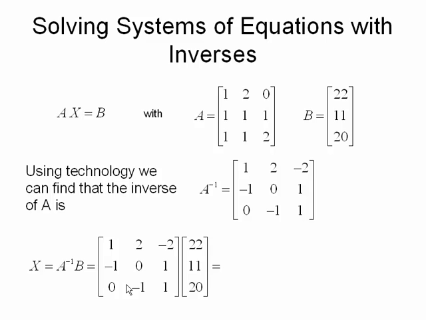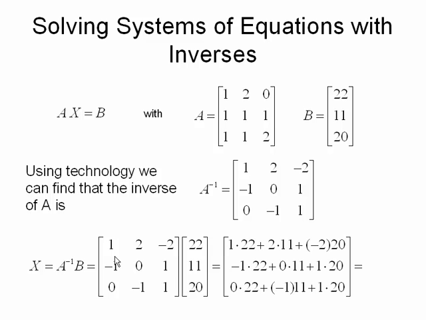So here's my inverse matrix with those 3 rows, and now I'm going to multiply that times the column matrix of the constants, which is 22, 11, and 20. First row times first column, so 1 times 22, 2 times 11, -2 times 20, and then I add them all up.